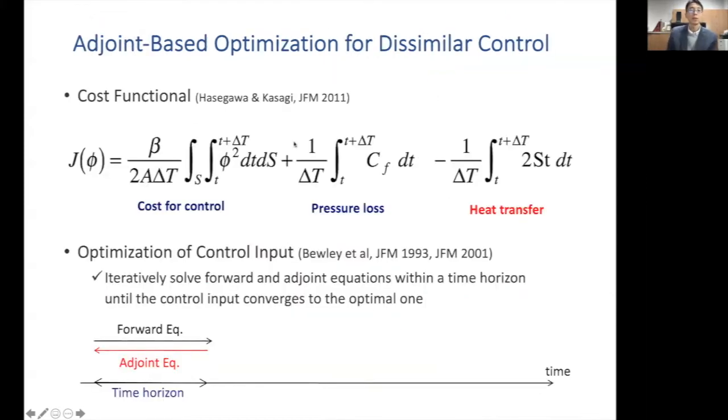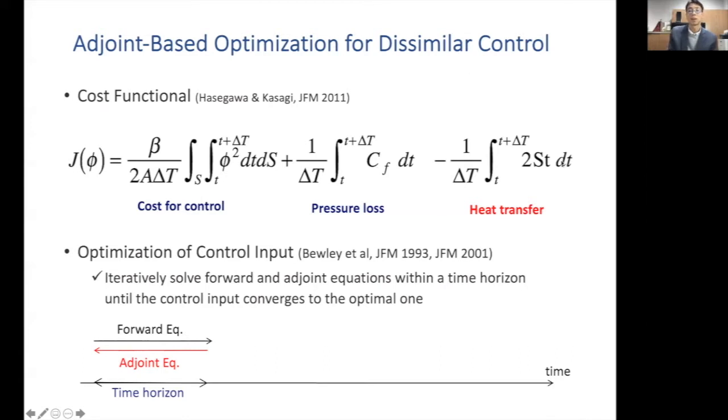So in our case, we set our cost function as follows. The first term is phi, as I said, the space and time distribution of my control input. So this phi squared integrated over the entire time and space means a cost for control. The second term is the CF, which is the pressure loss, so the time average CF.